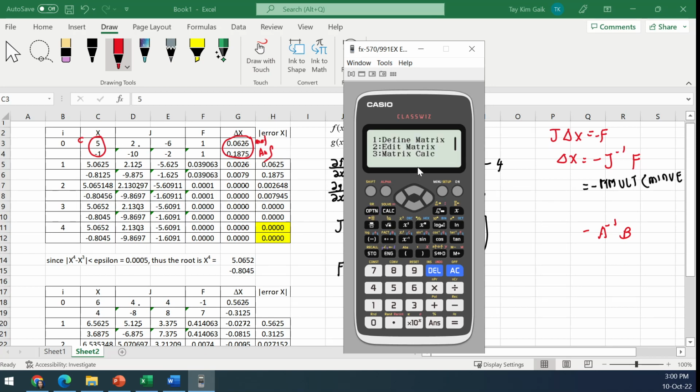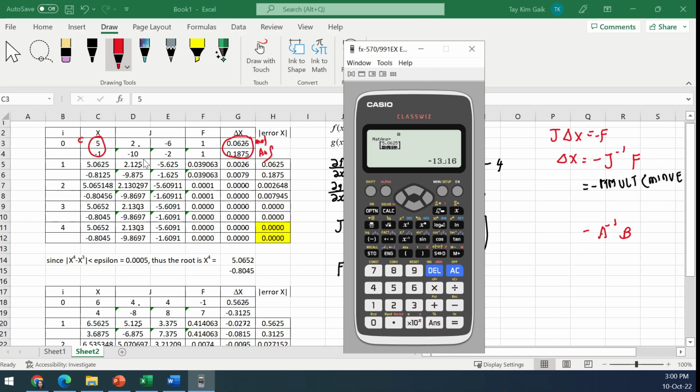So option, matrix calculation, and then option, matrix C is number 5, add up with option, matrix answer number 1 here. So you get 0.5625 here, negative 0.8125, I think.